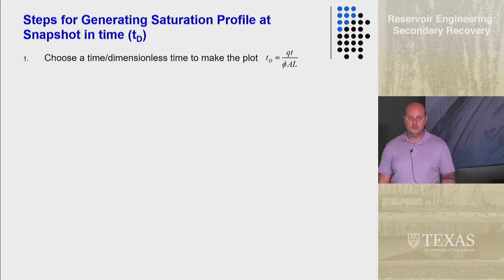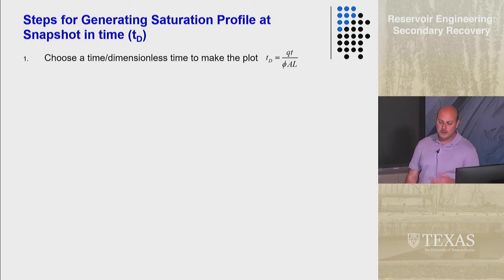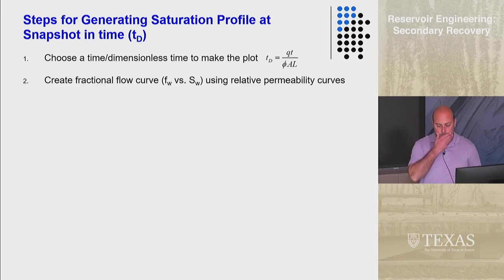So Q times T is the volume you've injected, right? It's a rate times the time, so it's the total volume injected. And the denominator is the pore volume. It's the bulk volume, AL, times the porosity, which gives you the pore volume. So that's a dimensionless time.